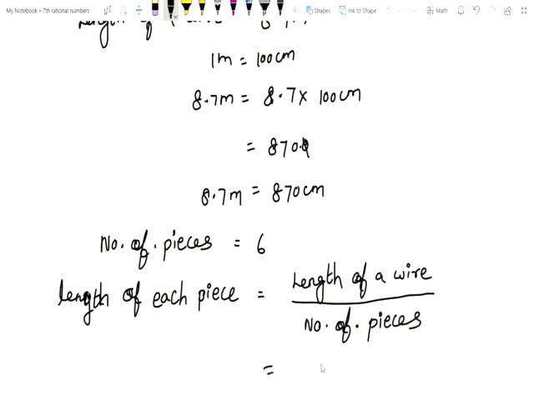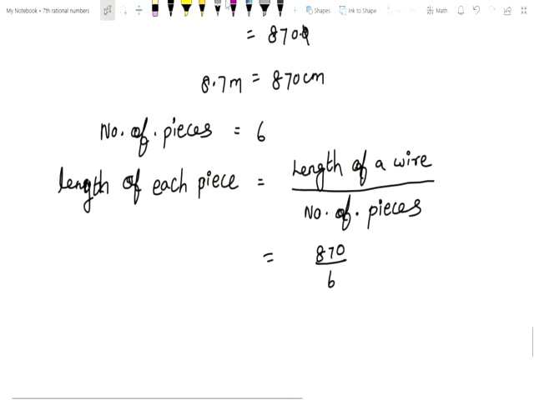So length of your wire 870 by 6. 6 ones are 6, 6 ones are 6, remaining 2, 27, 4 6s are 24, remaining 3, 30, 5 6s are 30.